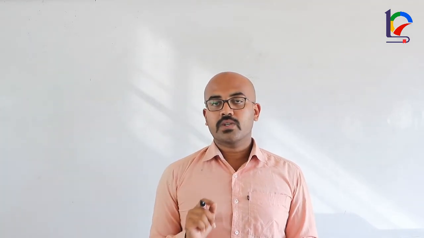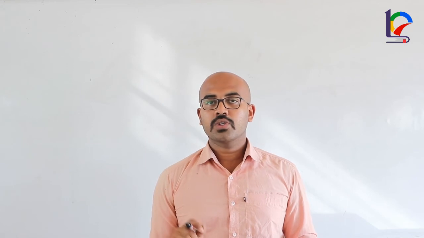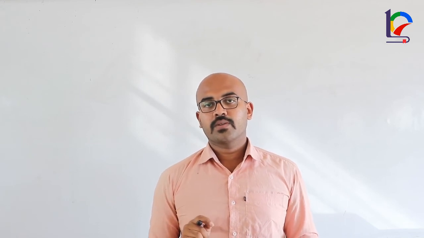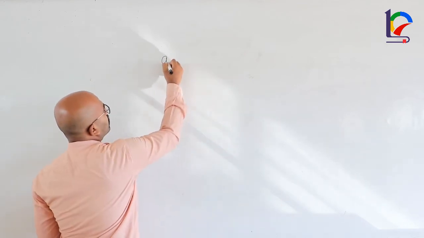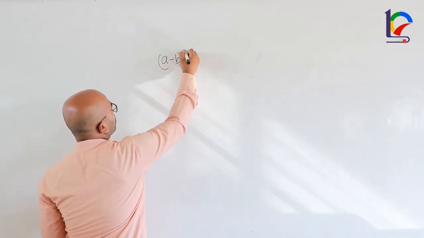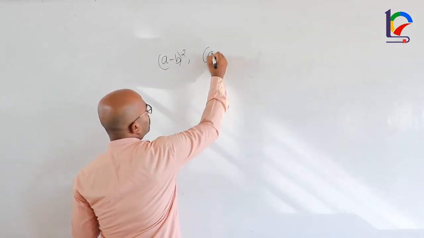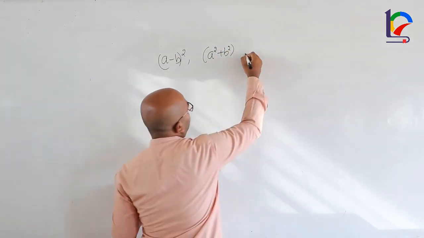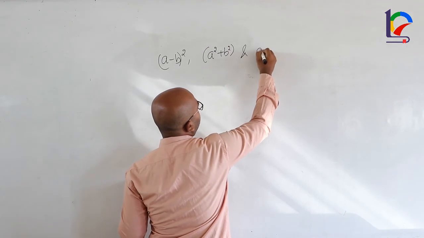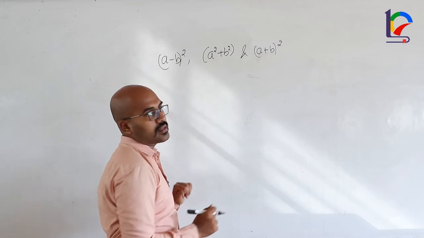Moving on to the next question. They have given 3 terms and asked us to show that they are in AP. The first term is a minus b whole square. The second term is a square plus b square, and the third term is a plus b the whole square.